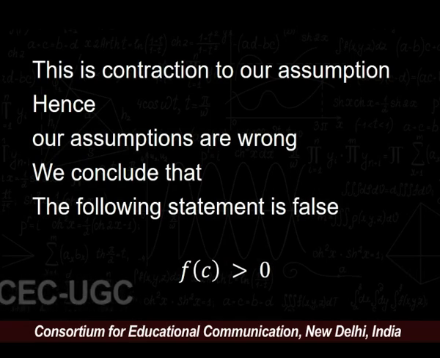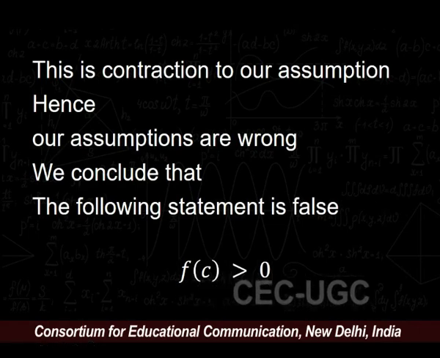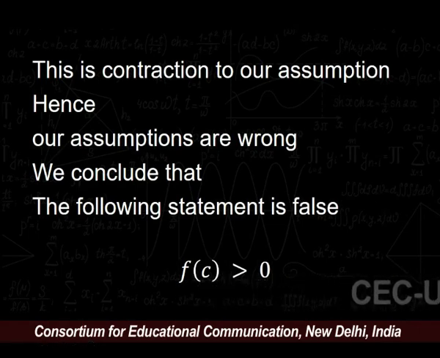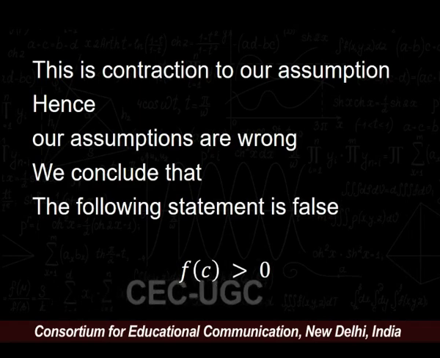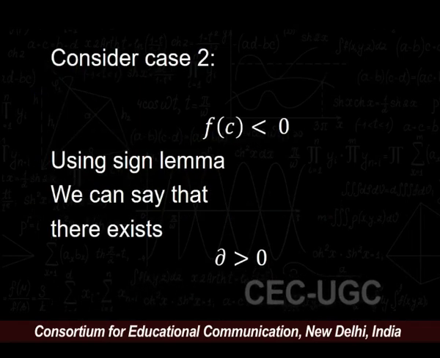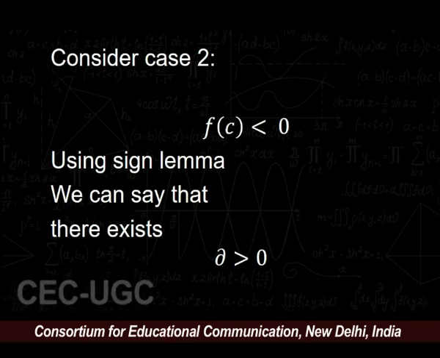This is a contradiction to our assumption, hence our assumption is wrong, and we conclude that this statement is false. That means f(c) is not strictly greater than 0. Now consider case 2. Case 2 is f(c) less than 0.